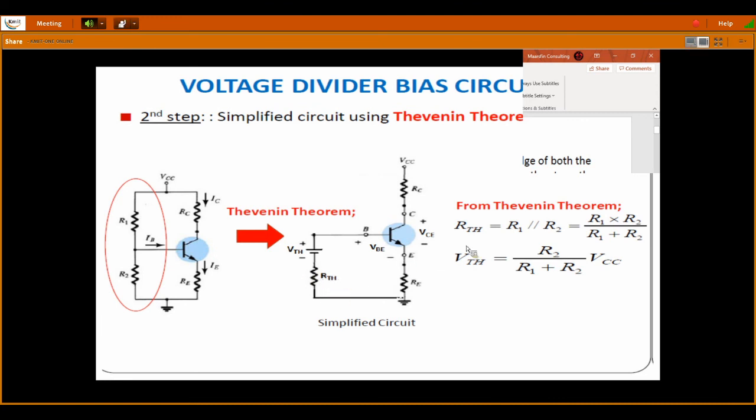RTH is R1 in parallel with R2. VThevenin is the voltage at your base, which is the voltage across R2. The current flowing through the potential divider network is VCC divided by R1 plus R2, and the voltage is I into R2. So VTH equals VCC divided by R1 plus R2, into R2.